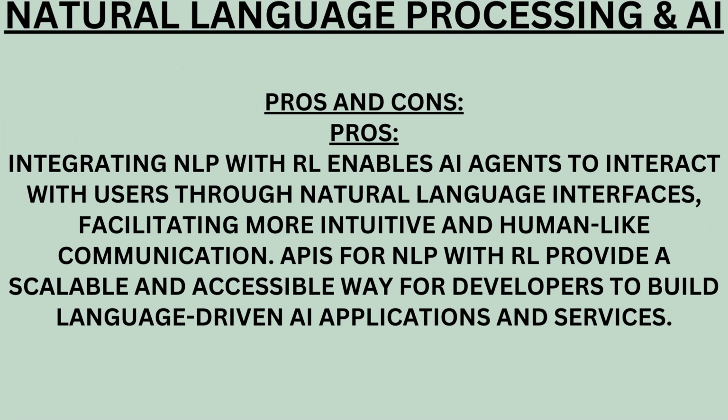Pros and cons. Pros. Integrating natural language processing with reinforcement learning enables artificial intelligence agents to interact with users through natural language interfaces, facilitating more intuitive and human-like communication. APIs for natural language processing with reinforcement learning provide a scalable and accessible way for developers to build language-driven artificial intelligence applications and services.